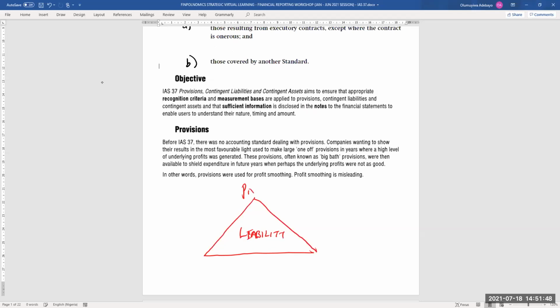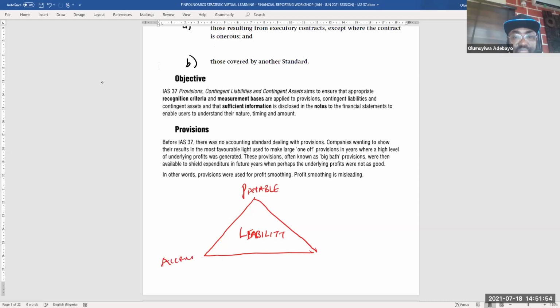Payable, accrual, which is through accrued expenses, and provision. What is common between the three of them is that they are all liabilities. But what is the difference?